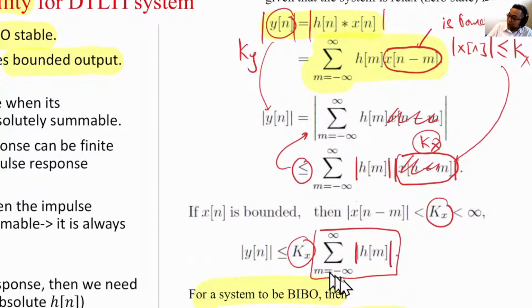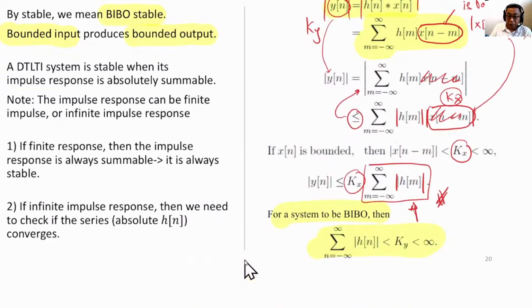Once the impulse response is absolutely summable, this value times the maximum value k will bound my output. And hence, to prove whether the system is BIBO or not, all we need to do is to check this condition. In the next slide, I will show you how to study this from the pole and zero diagram.